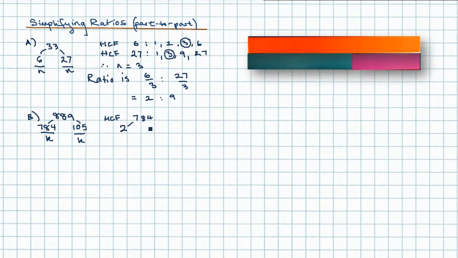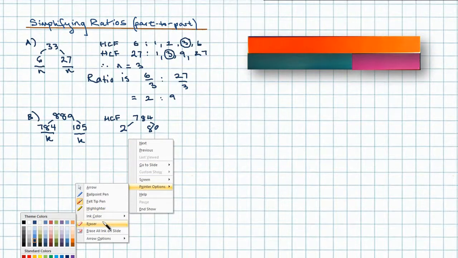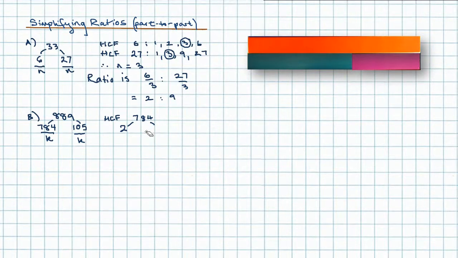So let's start with 2. 700 divided by 2 is 350, 84 divided by 2 is 42, so we've got 392. It requires a little bit of mental arithmetic, but at every stage you want to multiply this up. So 2 times 392 does indeed make 784.